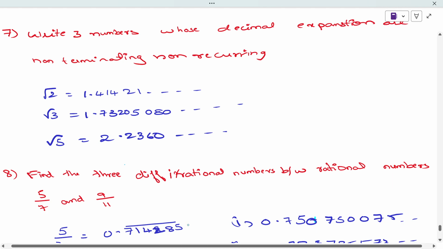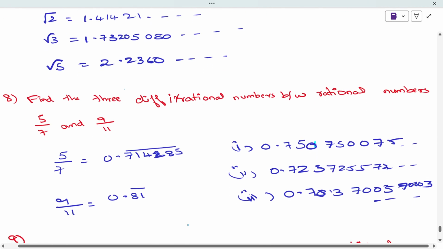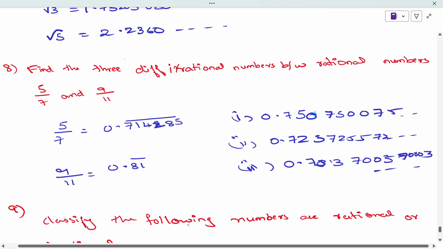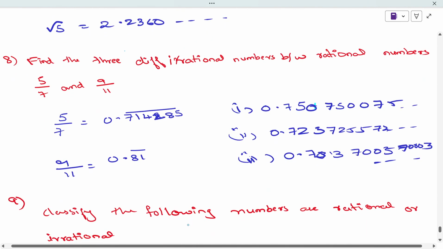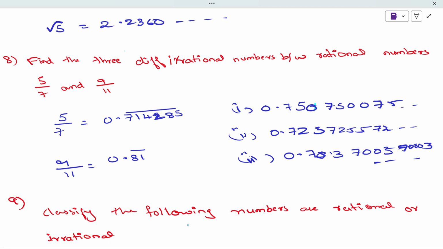Next we will go for the next problem. Find three different rational numbers between 5 by 7 and 9 by 11. So we have to write three irrational numbers. Rational numbers means that after the decimal point the digits must be repeated. Irrational numbers, the digits will not be repeated.